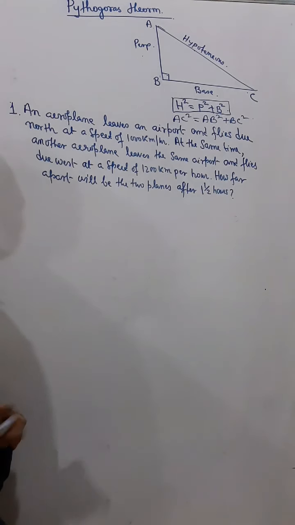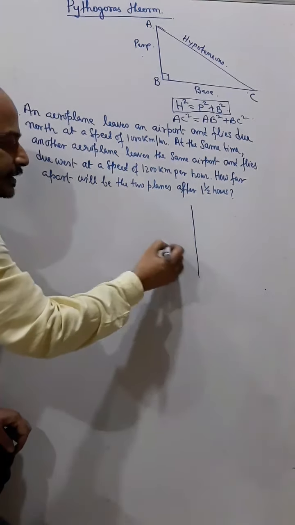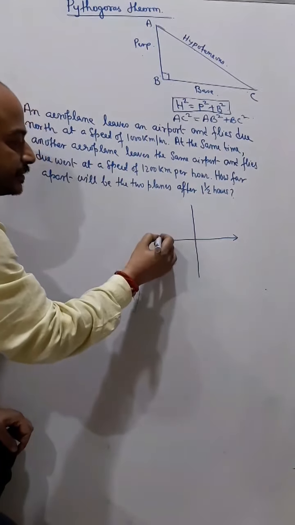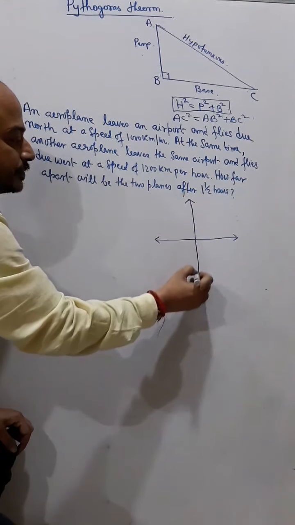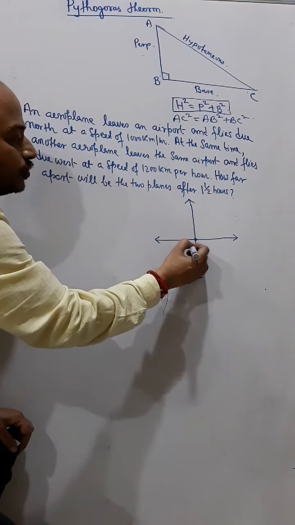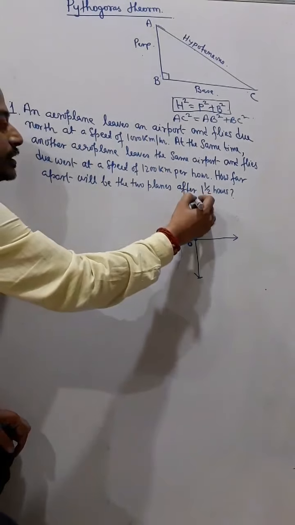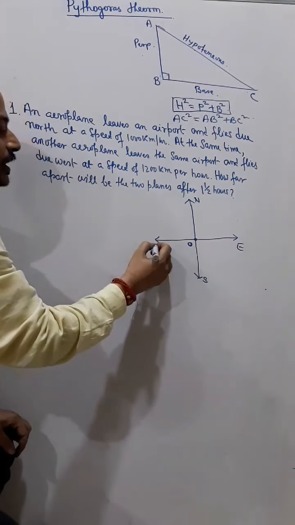Let us start like this with this compass direction. Now suppose this O is the airport, and we know that this is north, south, east and west.